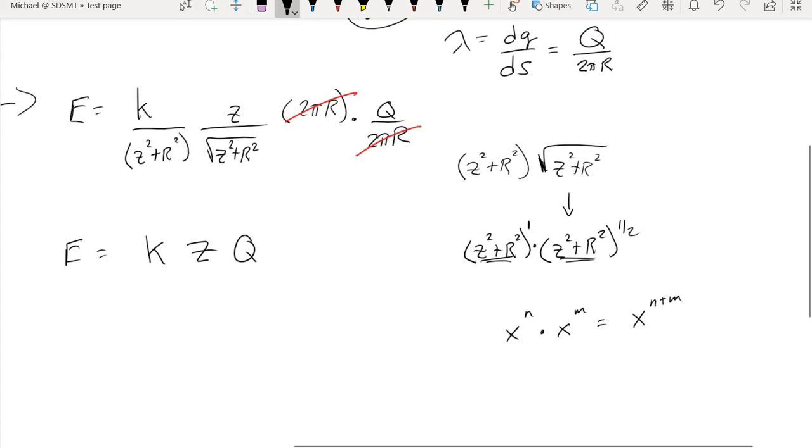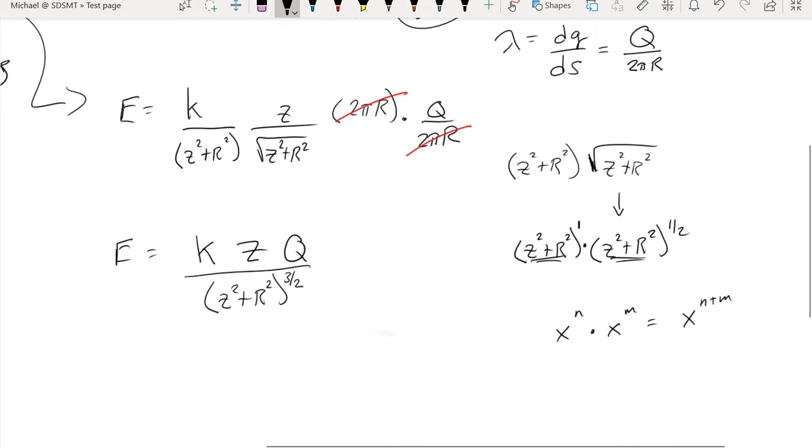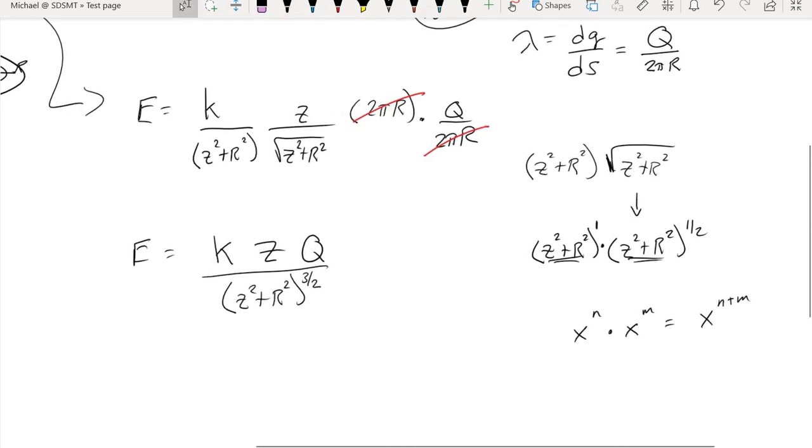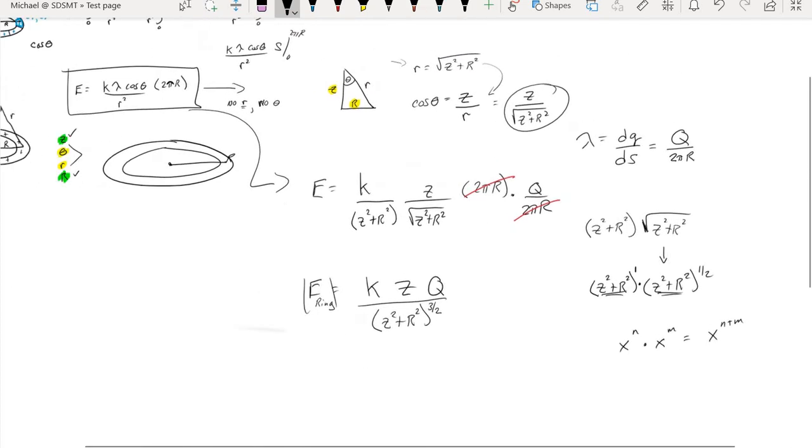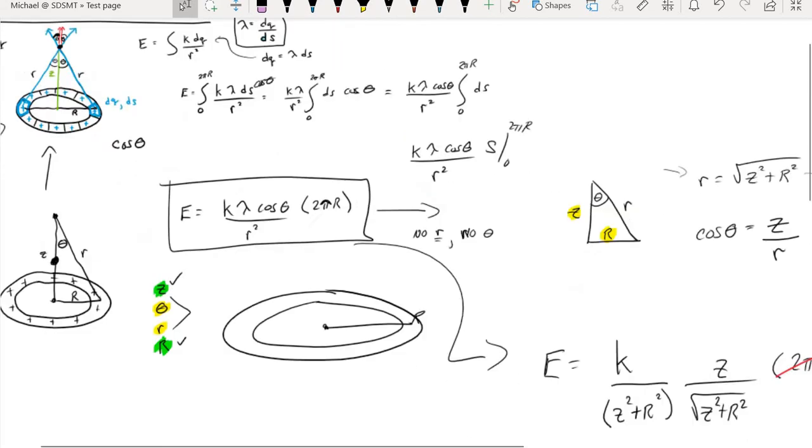And so we have to add 1 plus 1/2, which is 1.5, or 3/2. And there's our expression for the ring. We are done. We have the magnitude of the electric field above the center point of the ring.